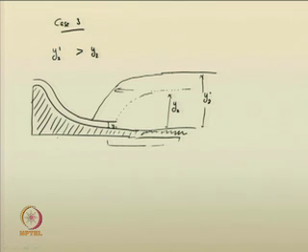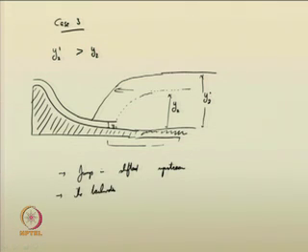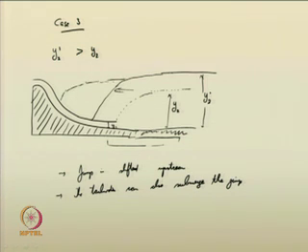The jump is shifted in the upstream direction, or the tailwater can also submerge the jump. See, if this is getting shifted like this, you see that this entire portion is getting submerged, right. So, submerged jumps are also possible.